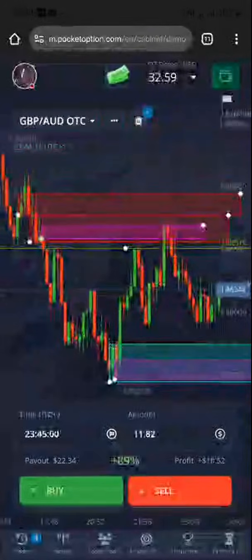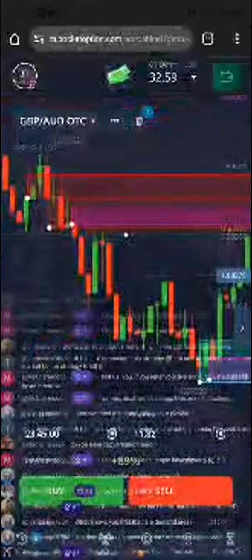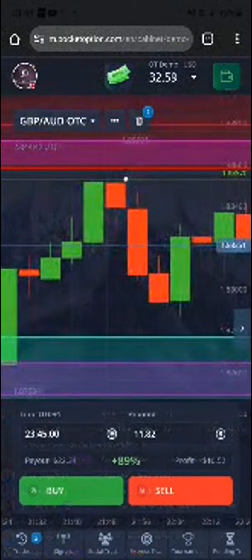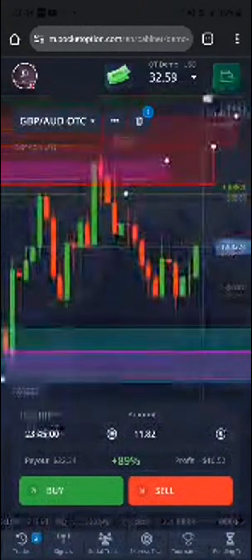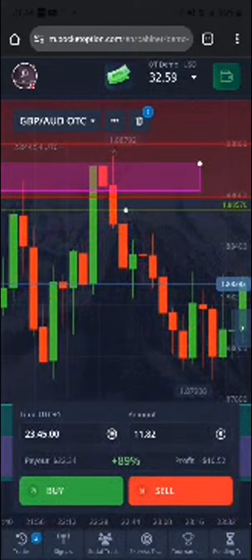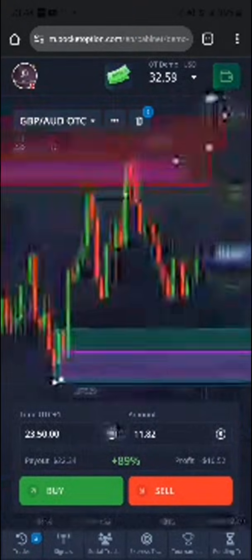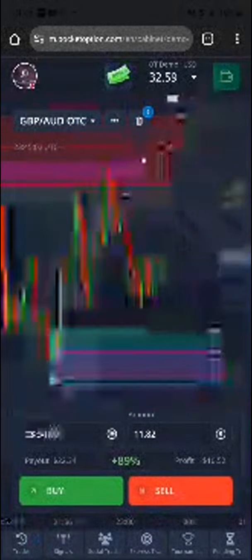This is the supply area. So you can see now, inside the supply area, we marked it around here. You understand? Now, if price goes into this supply area, you can see you can have a rejection. So it's not necessarily a turnaround area. It's just an area where you have sellers. So if you have enough reason, you can go with the sellers. If price comes down here now, we can go with buyers if we have enough reasons. It's as simple as that.